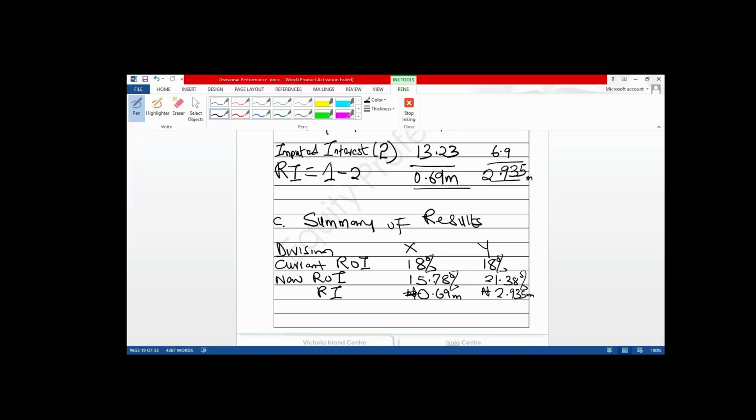But look at it. Assuming residual income is used, the company with Division X will generate residual income of 0.69 million, which confirms that that project is good. If you use return on investment, Division X will reject the project.